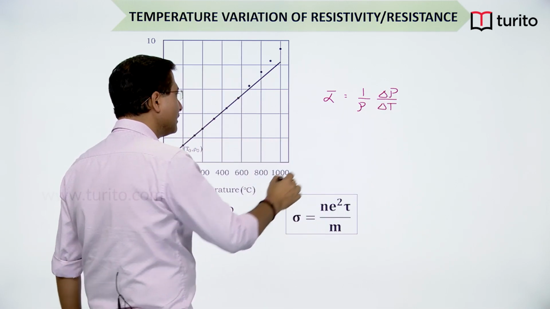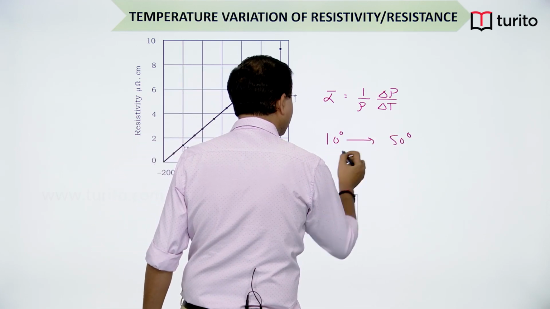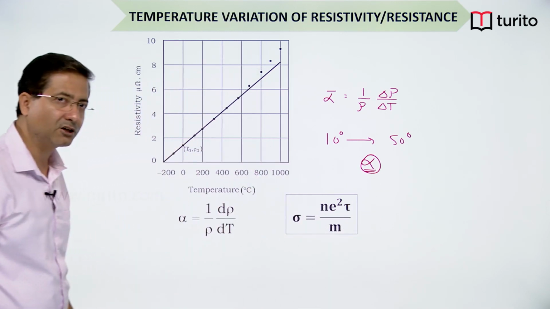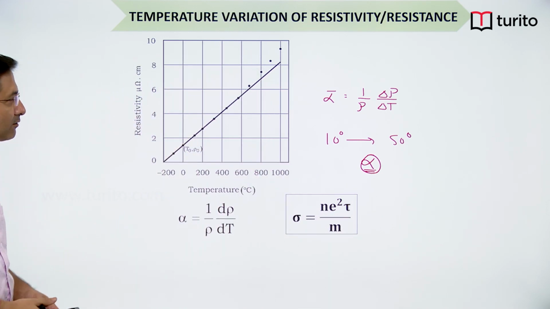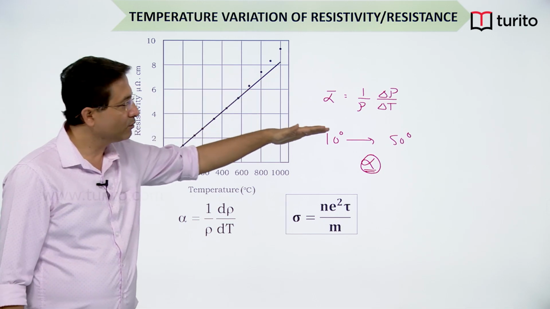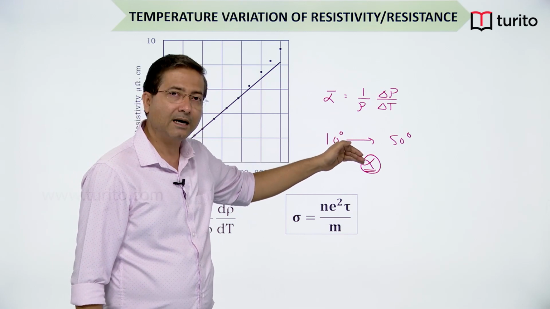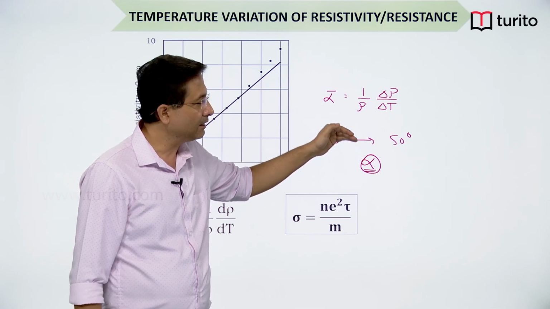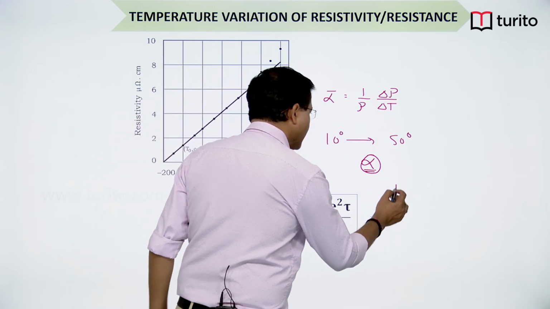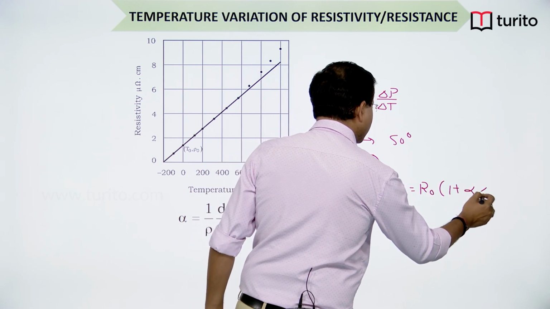For example, from 10 degree centigrade to say 50 degree centigrade, a particular value of alpha is given, and that is an average value, because the variation of alpha with temperature will be very small. As you can see, this is almost a straight line. So, though it is varying with temperature, you can treat this as a constant. If you can assume this to be constant, you can apply R is equal to R naught (1 plus alpha delta T).